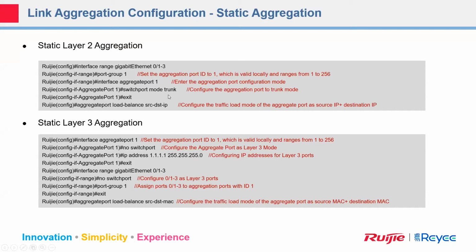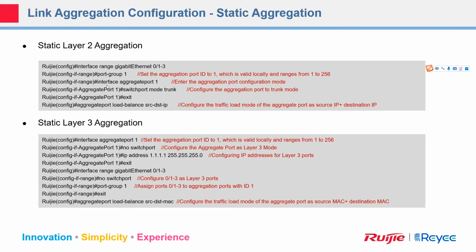And the main configuration. The configuration of static aggregation has layer 2 and layer 3. For layer 2, we enter the interface and set the aggregation port number to 1. Of course, if aggregate port 1 does not exist, this command will create it automatically.